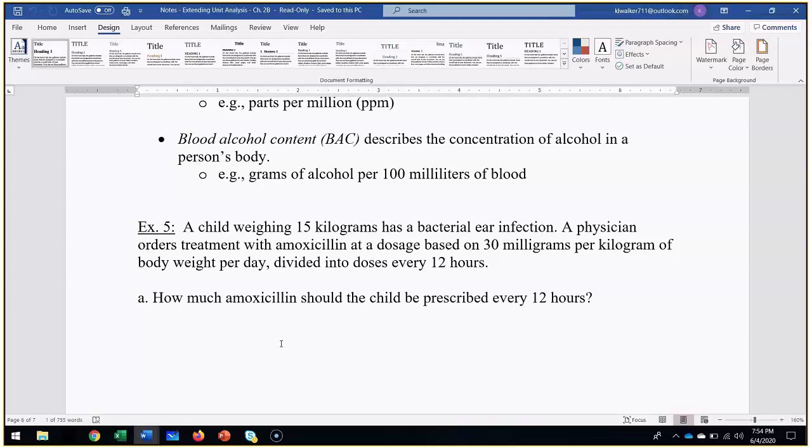And that's divided into doses every 12 hours. All right. The question wants to know how much amoxicillin should the child be prescribed every 12 hours?